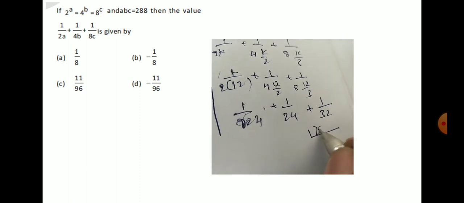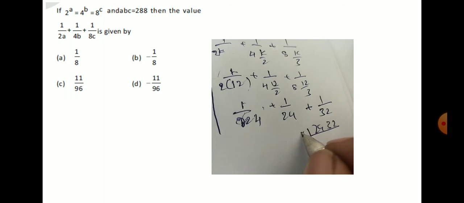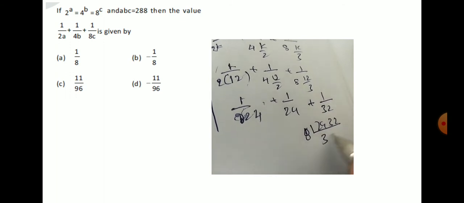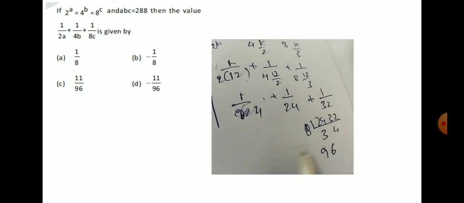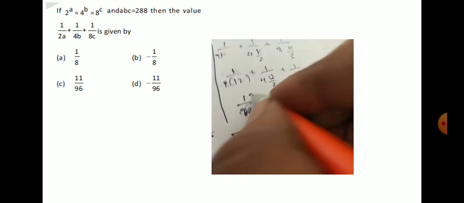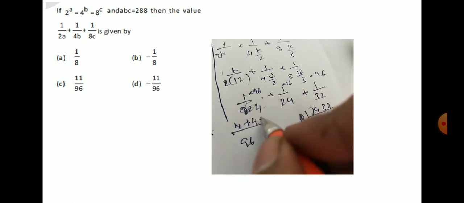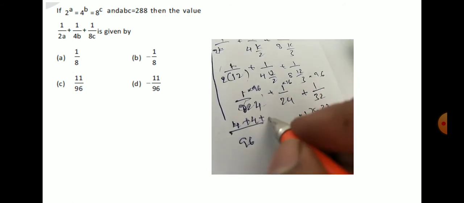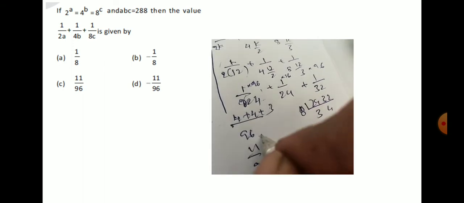The LCM for 24 and 32 is 96. So 96 into 4 is 24, that is 4 plus 3 is 7, 32 threes are 96, therefore 11 by 96 is the answer.